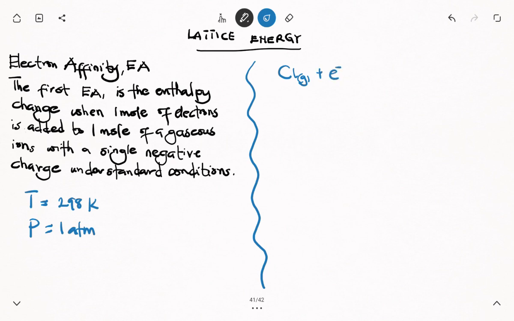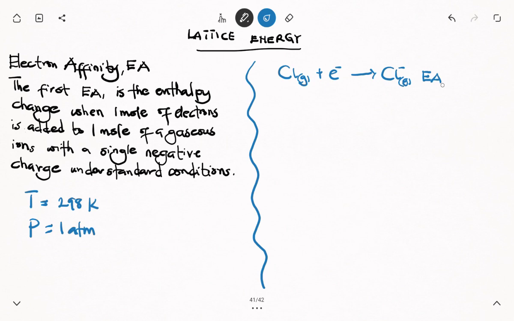You need some amount of energy to be able to do that, because in adding an electron, you're definitely going to experience some repulsion from the inner electrons, which is known as the shielding effect. So the energy you need to overcome this to be able to form a chloride is the electron affinity.